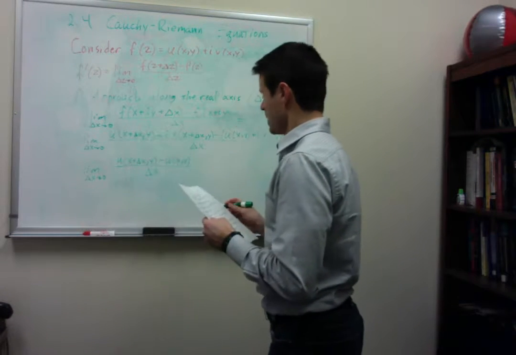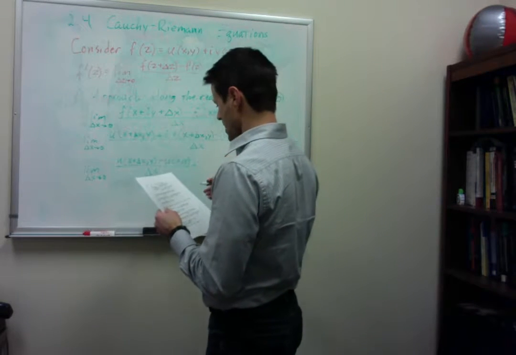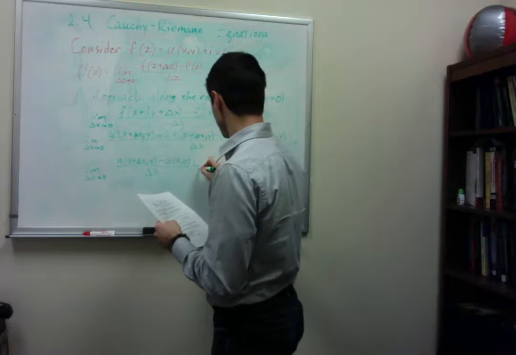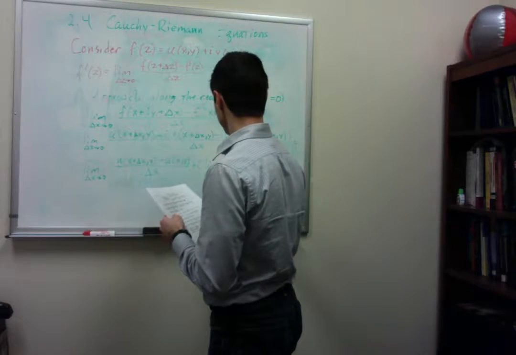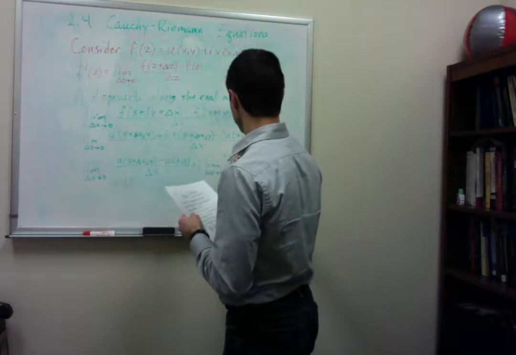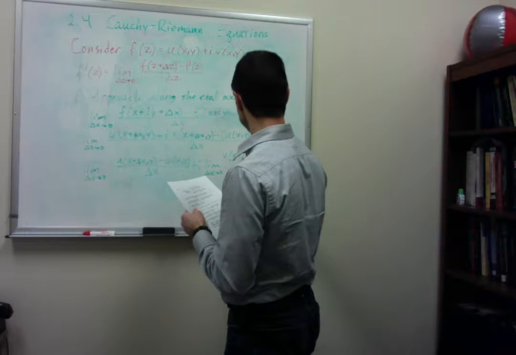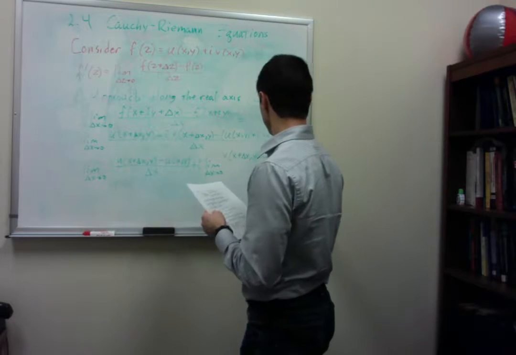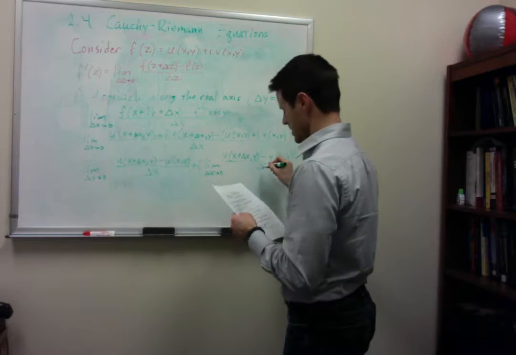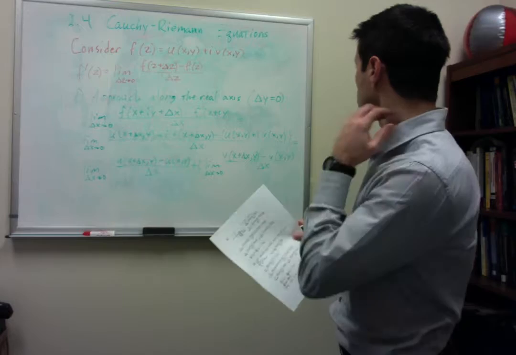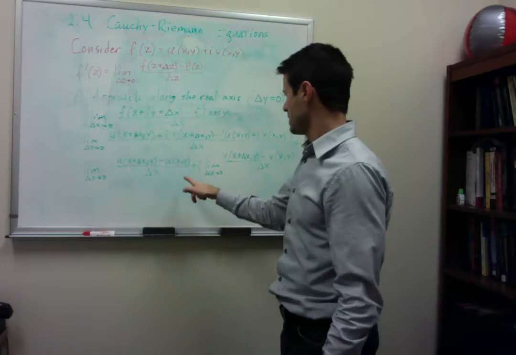And then plus, I'm going to separate this into two limits. So this will be i times the limit as delta x goes to 0 of v of x plus delta x, y minus v of x, y, and this is all divided by delta x. I'll give you a moment to think about what these limits are.